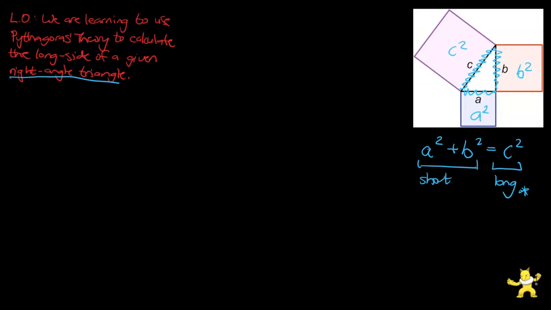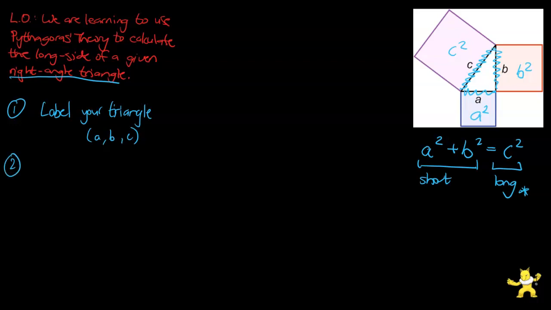So we're going to get into some questions, and before we do that, I just want to give us a bit of a process to follow. This is fairly similar to trigonometry, so when we get into the trig stuff, you'll be a bit more confident with it. The first step is label your triangle. You're going to be labeling A, B, or C, depending on if it's the long side or the short sides.